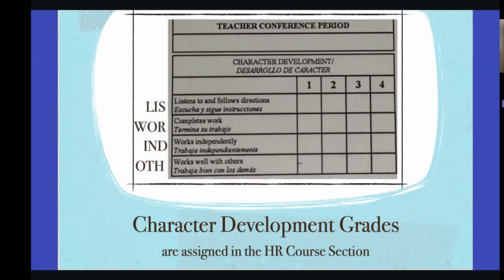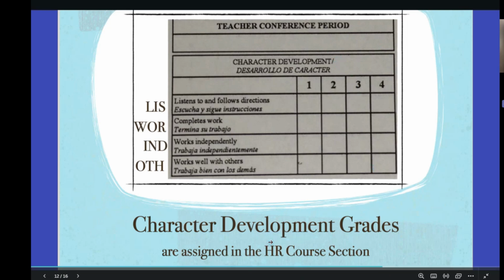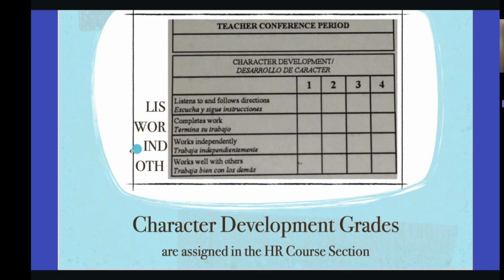But for elementary teachers, to make sure that piece prints when the report card is printed, they're going to want to make sure that in the HR course, which is homeroom, and that's not a place that teachers typically assign grades, but in HR, when they hop into show comments, they're going to notice the LIS, WOR, IND, and OTH areas, and this is where they can enter the O, I, S, N, or U to coincide with the 9 weeks and how a student did to listen and follow direction, complete work, work independently, and work well with others.